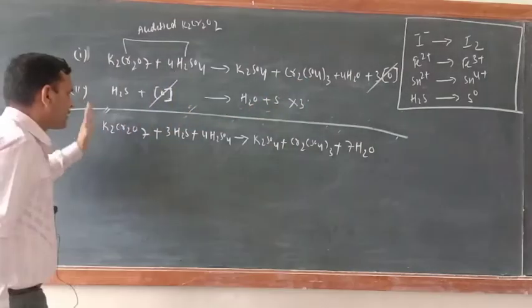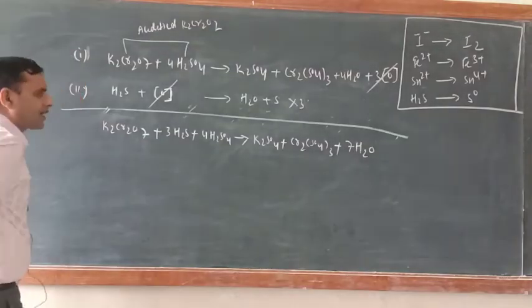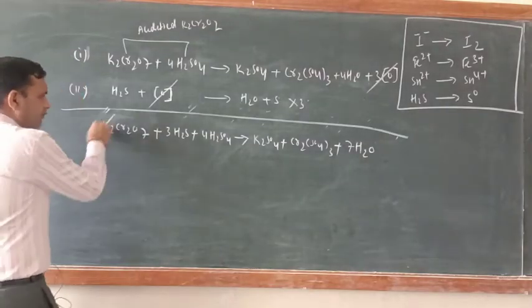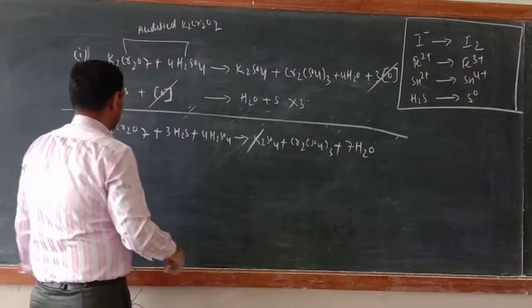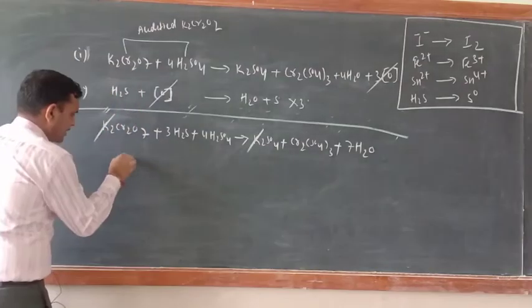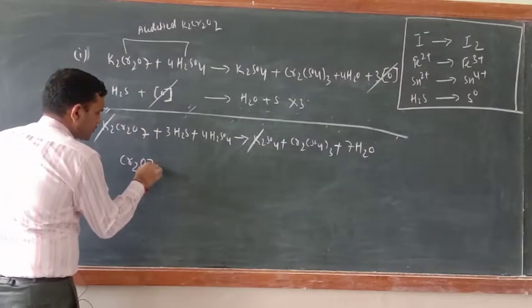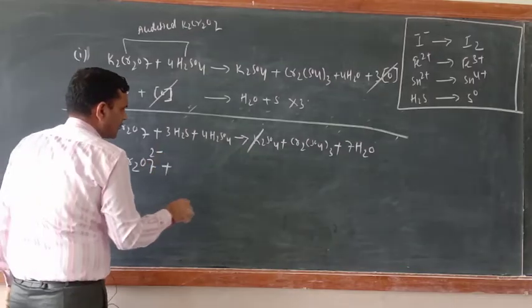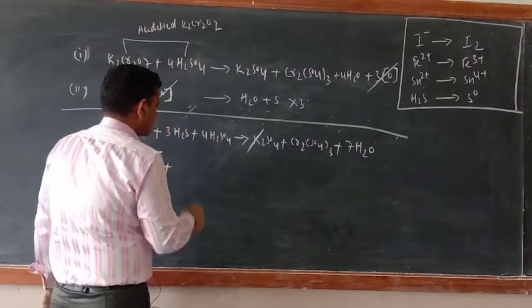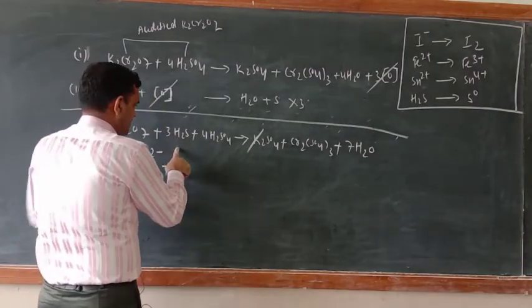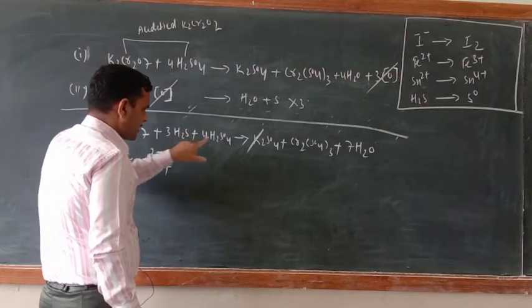Now just see, in the same way you can write the ionic equation also. Potassium is cancelled out. Now here, Cr2O7 2 negative plus 6 positive. Just see, this H2S is there and H2SO4.